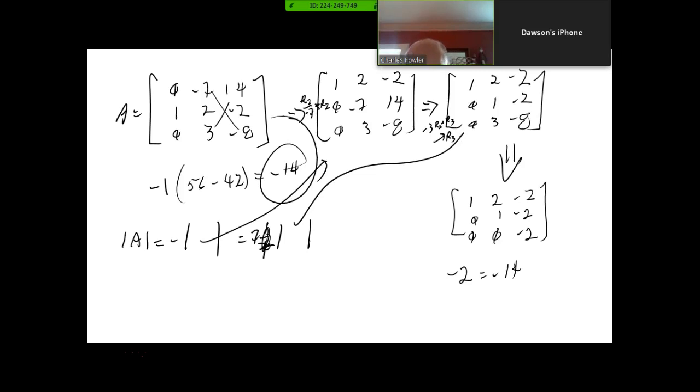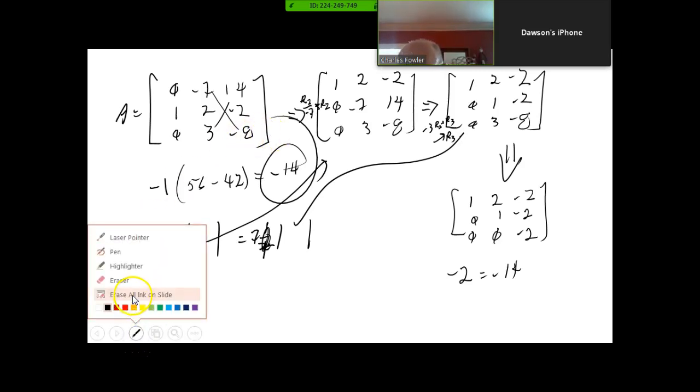Now, this starts sort of a new kind of concept here. We have been doing row reductions, but on page 120, they start talking about something very different. And this only works well with determinants.